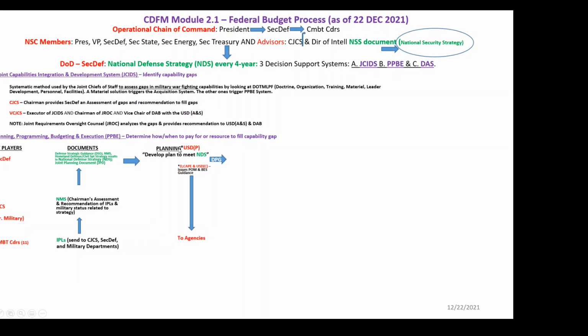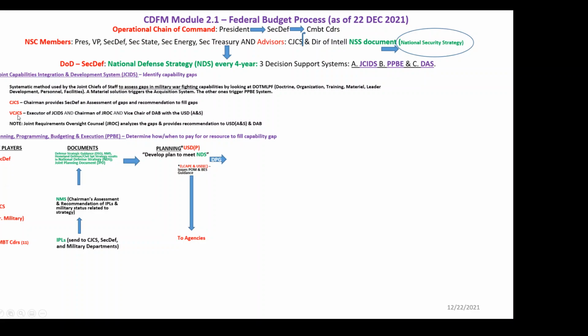The USD, Under Secretary of Defense for Policy, is responsible for the planning phase. So you need to know these things. Like up here, I said your chairman of the Joint Chiefs of Staff provides the SecDef an assessment of gaps and recommendations. He's the one that reports to the SecDef.